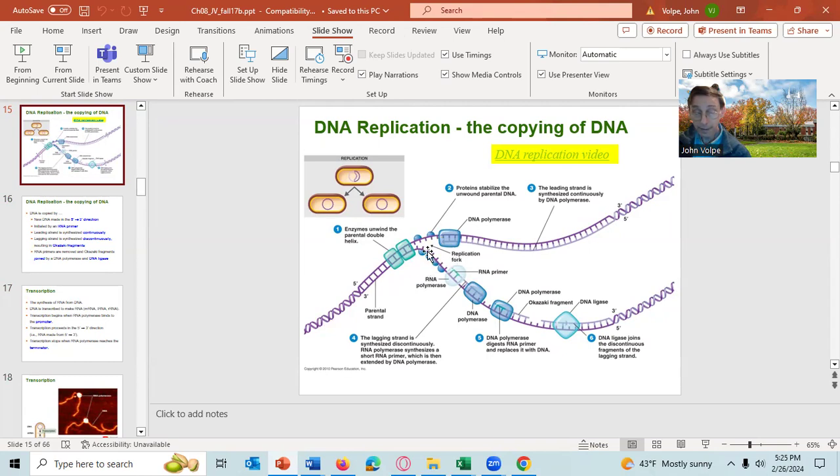So if this DNA polymerase were to begin at the edge of the chromosome over here, it could theoretically, in one swoop, copy the entire chromosome.